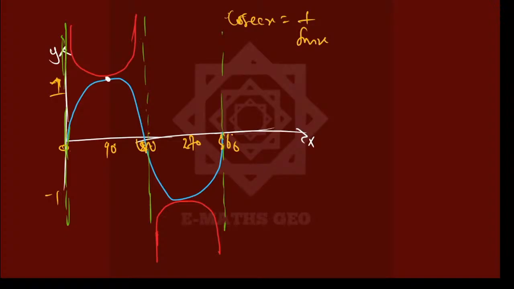The resulting graph, remember this one is y equal to sine. The red one is now cosec, y equal to cosec x.